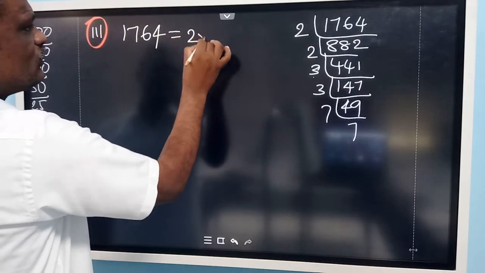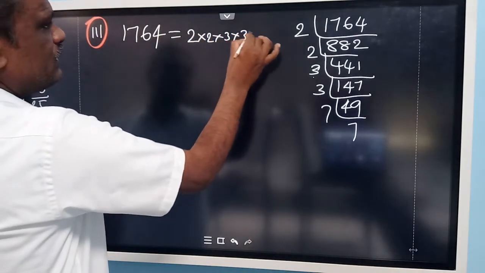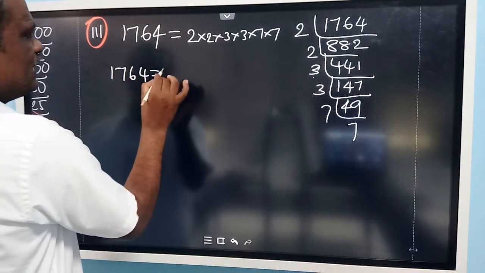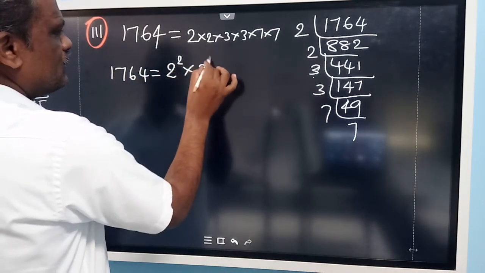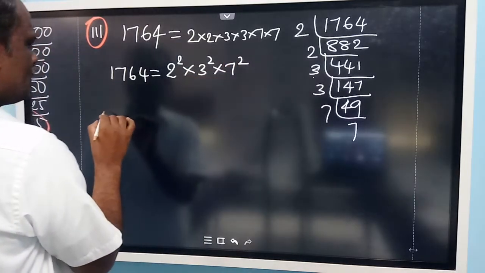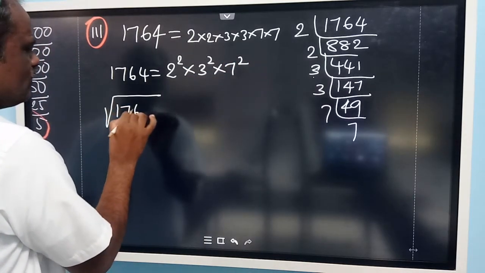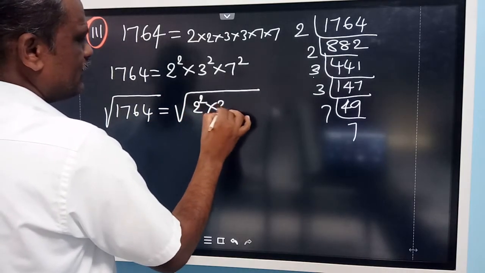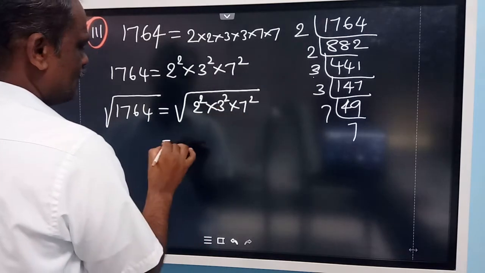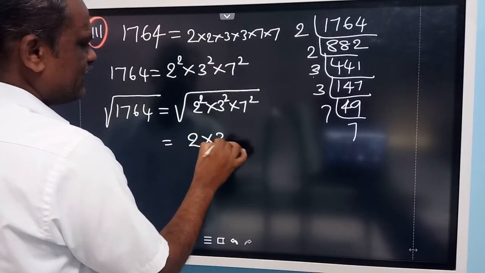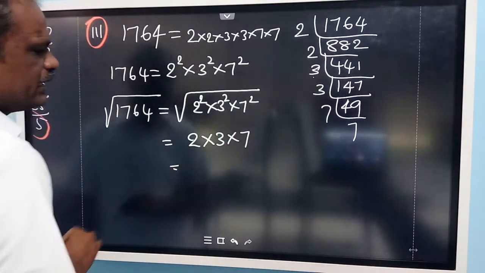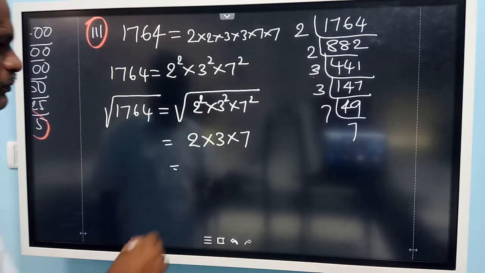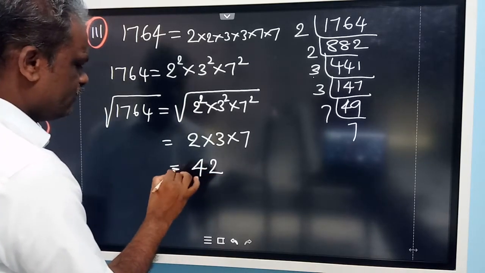You can write this as 2 into 2, 3 into 3, 7 into 7. So 1764 can be written as 2 square, 3 square, 7 square. So square root of 1764 is the same as square root of 2 square into 3 square into 7 square, that is 2 into 3 into 7. 2 3s are 6, 7 6s are 42.